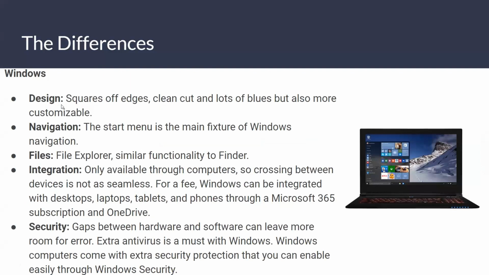The differences: Windows design: squared-off edges, clean cut, and lots of blue, but also more customizable. Navigation: the Start menu is the main fixture of Windows navigation. File Explorer has similar functionalities to Finder.